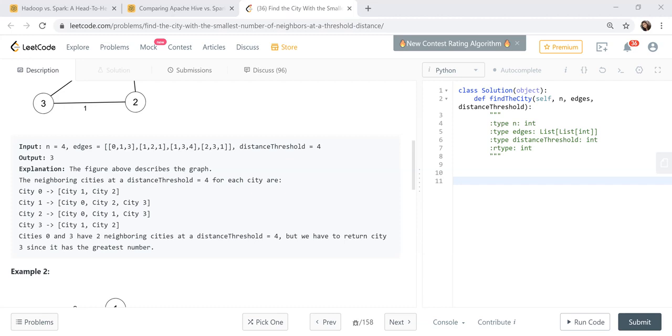The complexity of Bellman-Ford is the order of vertices times edges. Okay, so how do they differ? Floyd-Warshall is using all the pairs. It can use all the pairs.